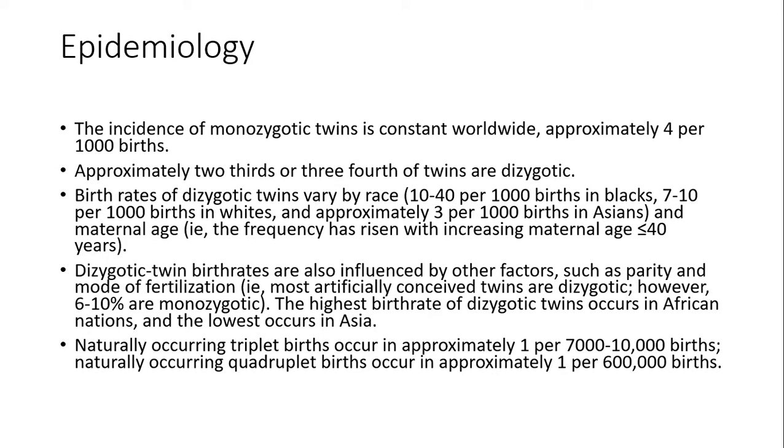Naturally occurring triplet births occur approximately 1 per 7,000 to 10,000 births, and naturally occurring quadruplet births occur approximately 1 per 600,000 births. I'm saying naturally occurring because conception may be done with the use of assisted reproductive technologies like IVF or ICSI.